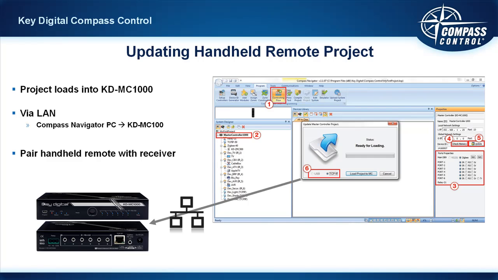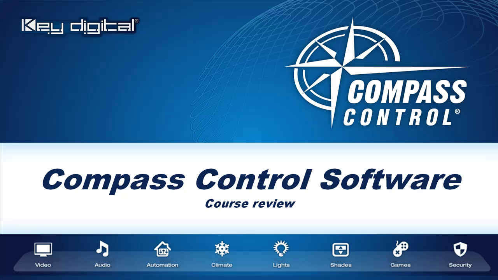All of those commands and events are stored into the master controller, not into the handheld. So we'll teach you about this further down in the C1, about the handheld and how to load it in. We'll go through all of that.